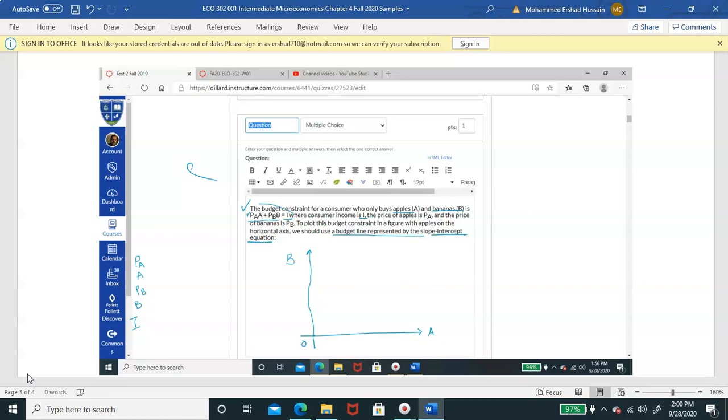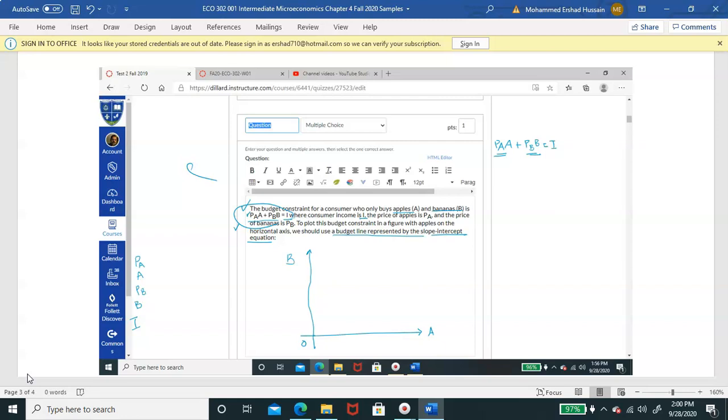So let us see how we go to the slope intercept equation. Price of A multiplied by the number of apples is the money spent on apples. Price of B multiplied by the number of B consumed is the money spent on bananas, and this is I, the total income she has.